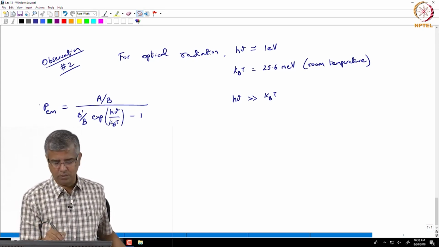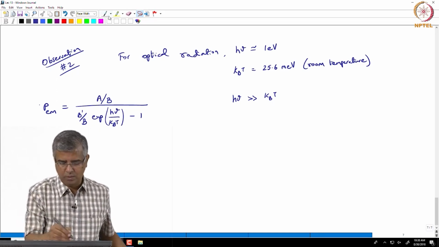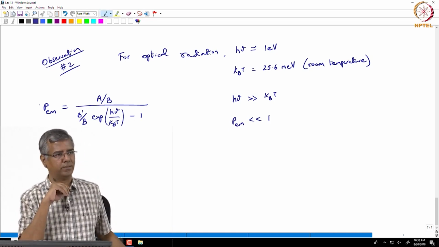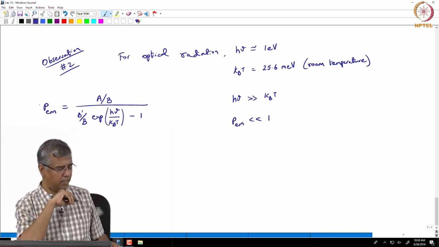So then the emission probability density is going to be far less than 1, right.